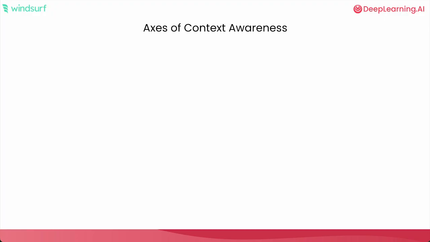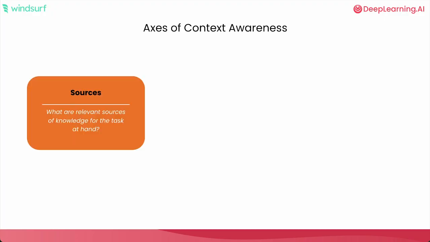But there are a few different ways to think about context awareness as a problem. The first are the sources. What are all the relevant sources of knowledge for the task at hand? For something like writing new code, that of course includes existing code in private repositories, but it might include things like documentation or tickets or Slack. These are all various sources of information that could help ground the agent in its decision-making process.